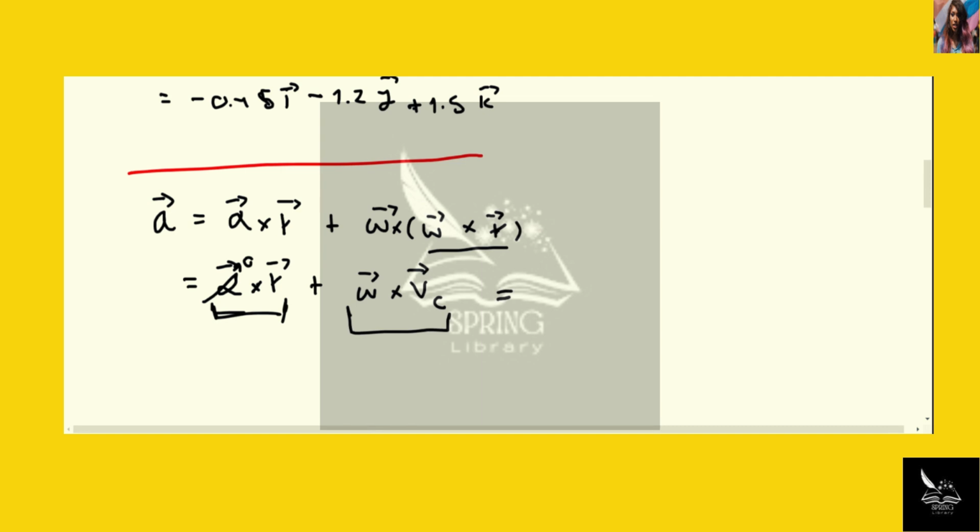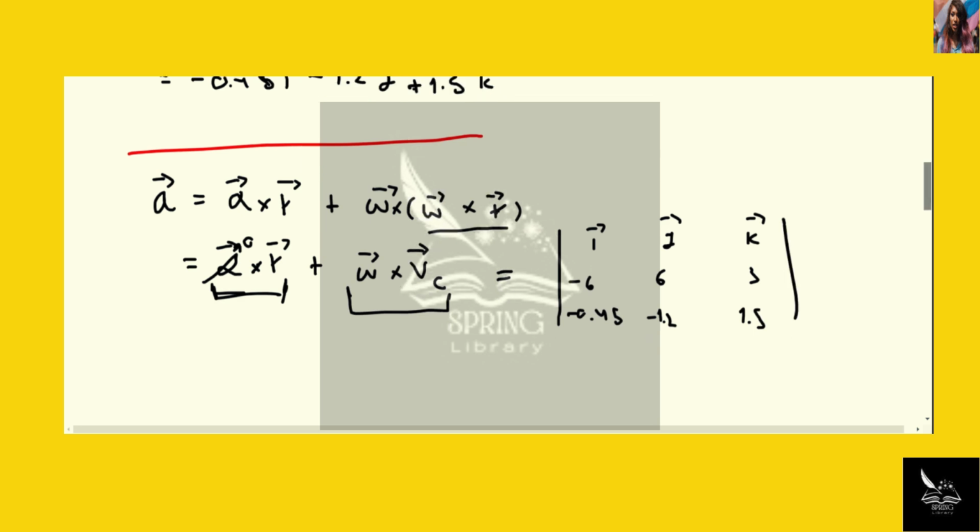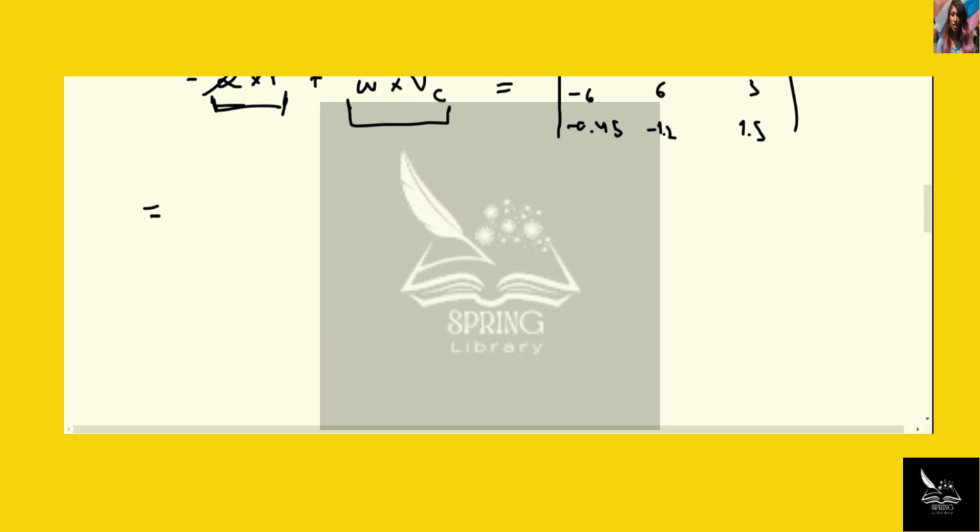So again, we will use a determinant rule. And in the same manner as before, we obtain this is for the I, for the J unit vector, and plus 0.7.